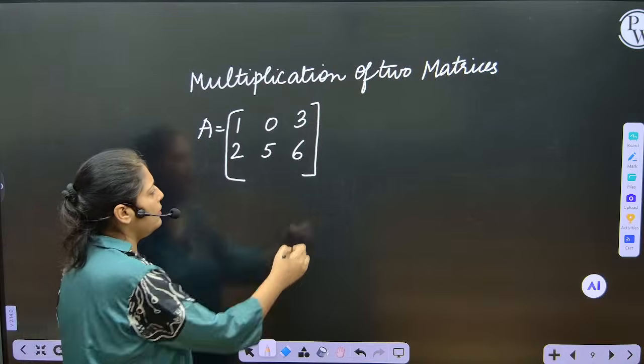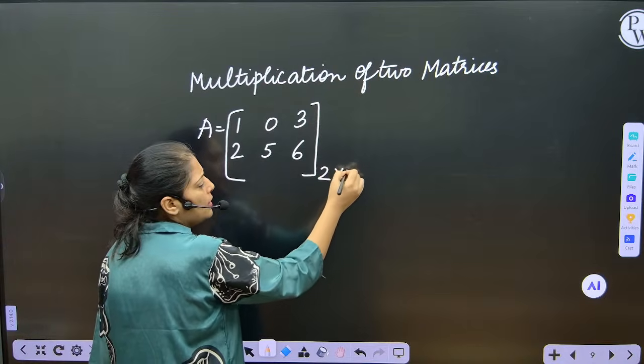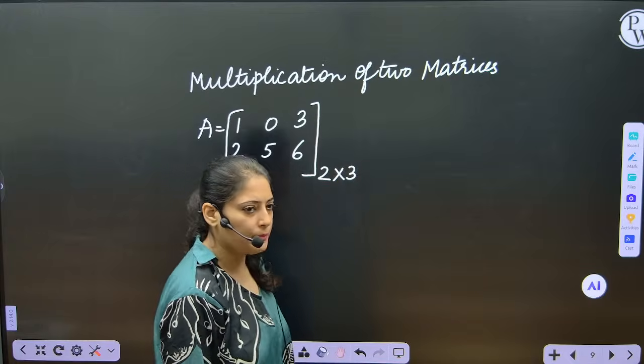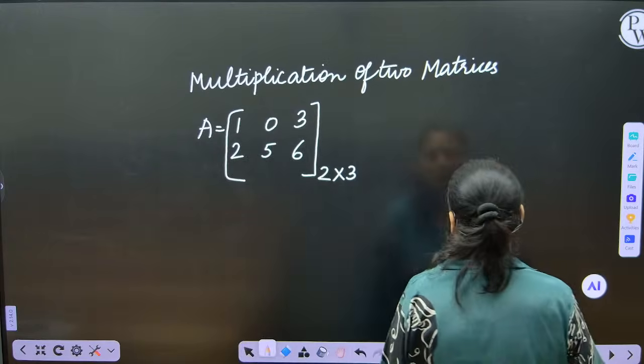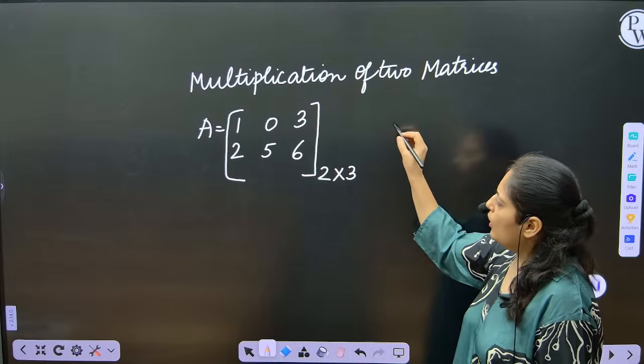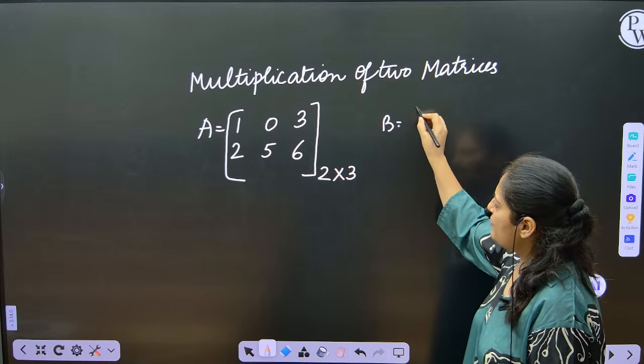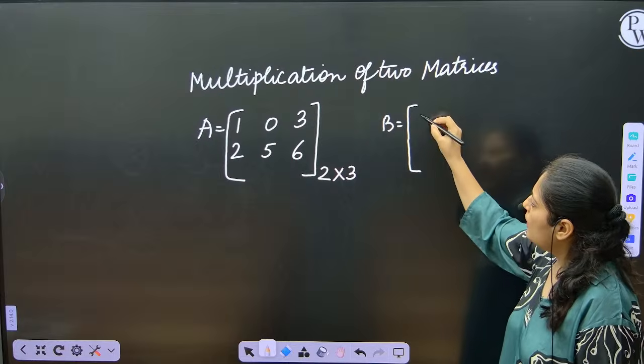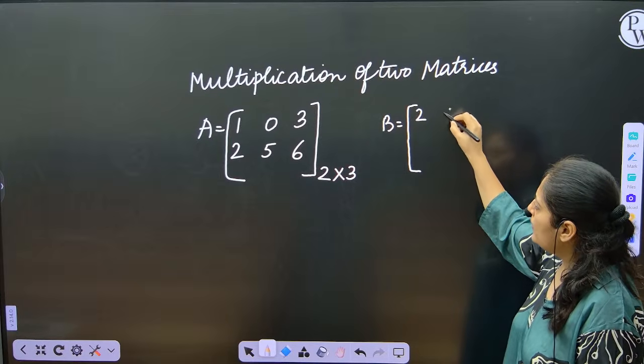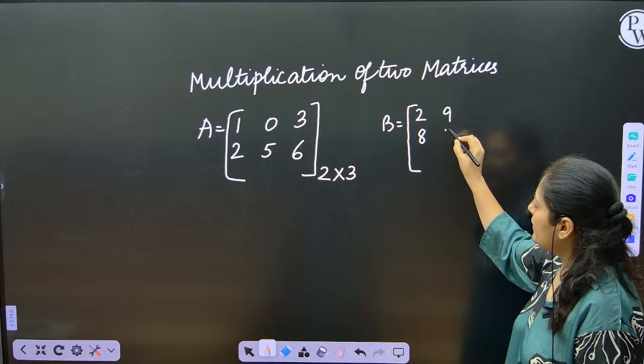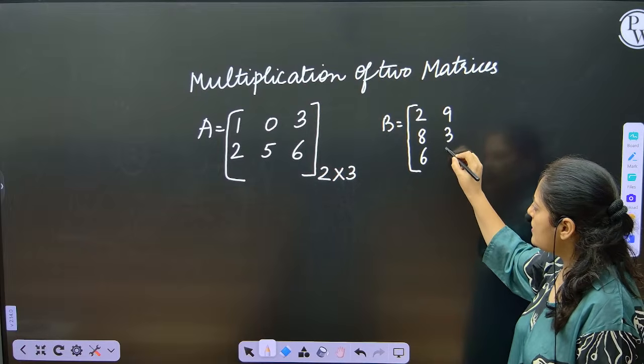Order is what? 2 rows, 3 columns. Alright. Another matrix if I take as 2, 9, 8, 3, 6, 6.